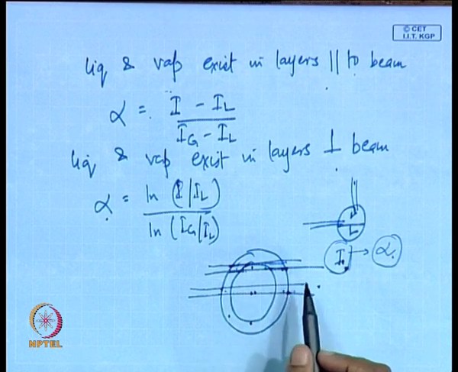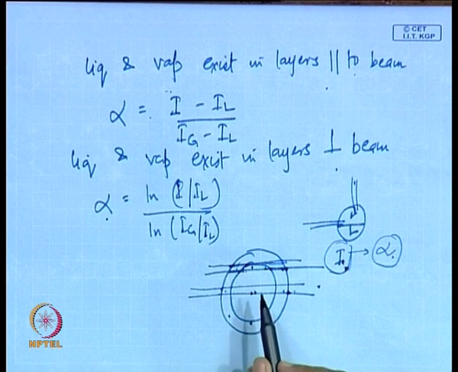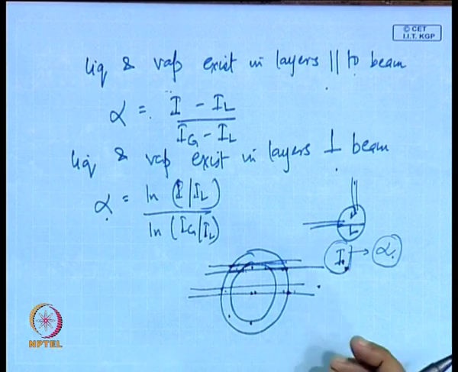What are the other problems? Time fluctuating effects. This is something very normal for two-phase flow. It is random, it is chaotic, there are always fluctuations, particularly if you take the slug flow pattern. In the slug flow pattern, at some point only gas is going, so you will get I almost equal to Ig.